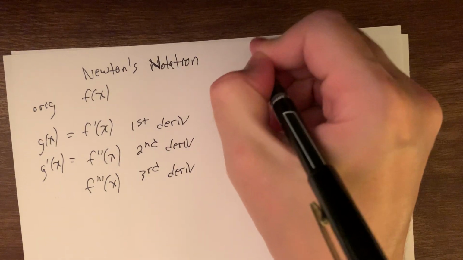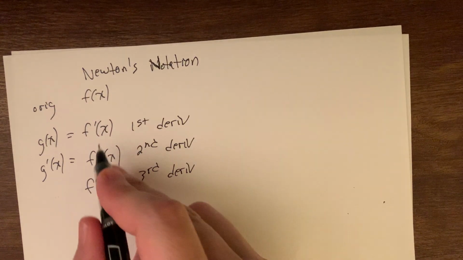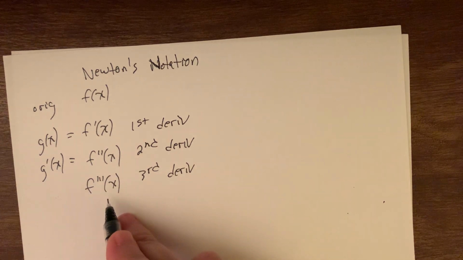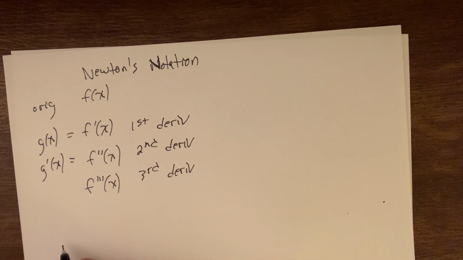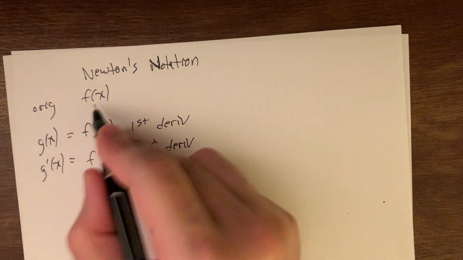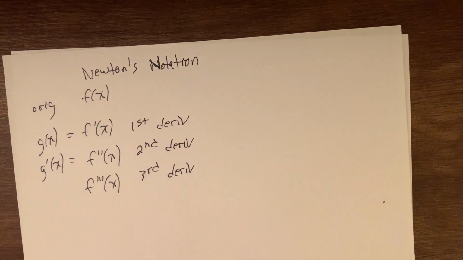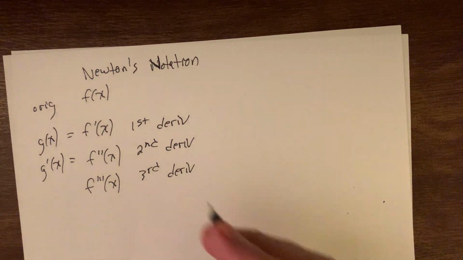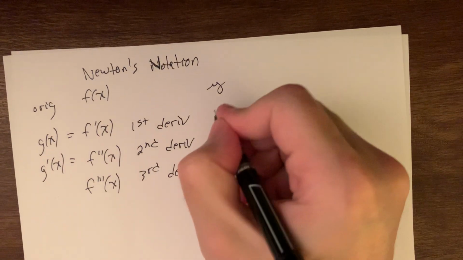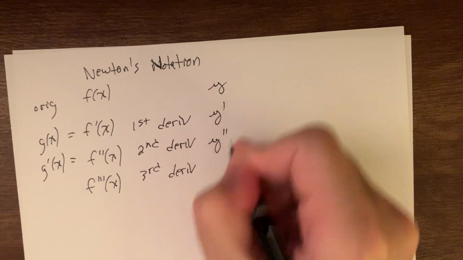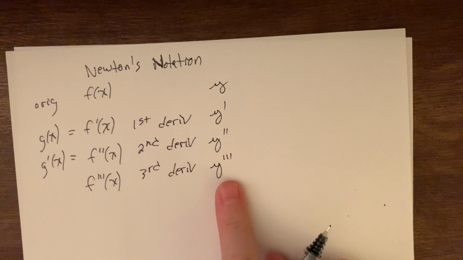And by the way, if it's f, f prime, f double prime, f triple prime. If it's g, g prime, g double prime, g triple prime, and so on. If it's a, a prime, a double prime. The letter for the function doesn't matter. It's the prime notation that we're setting up here. So this technically would go the same way. You could use y as the original function, then y prime, y double prime, y triple prime.